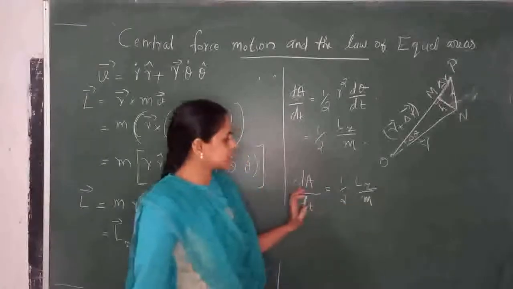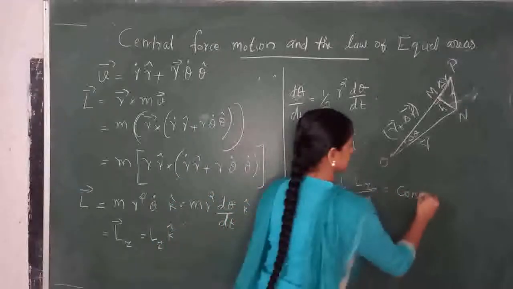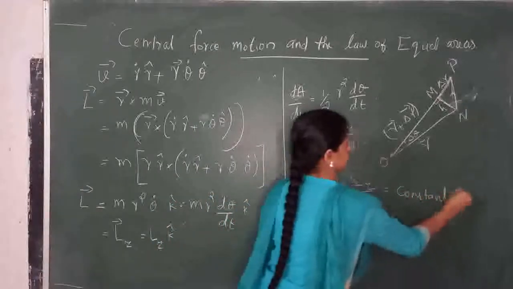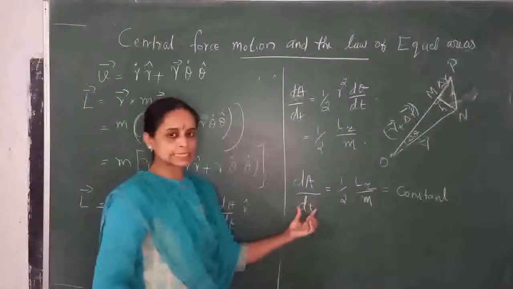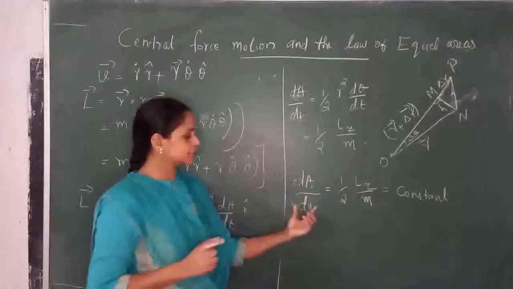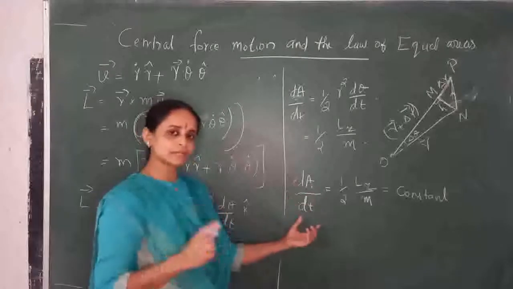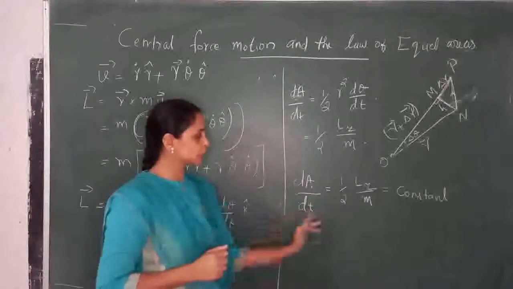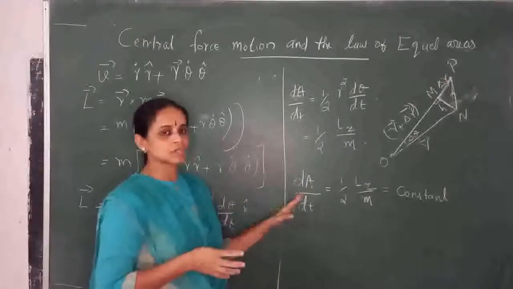So that means dA by dt is a constant. That means the area swept by a particle in a given time dt, or in unit time, is a constant.